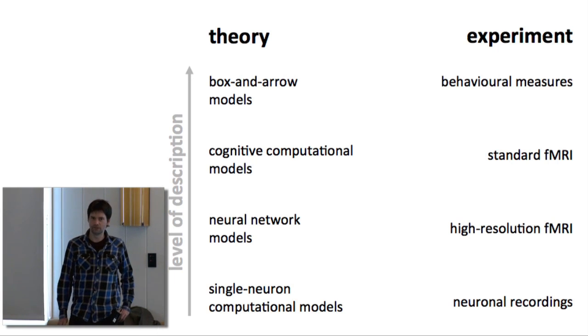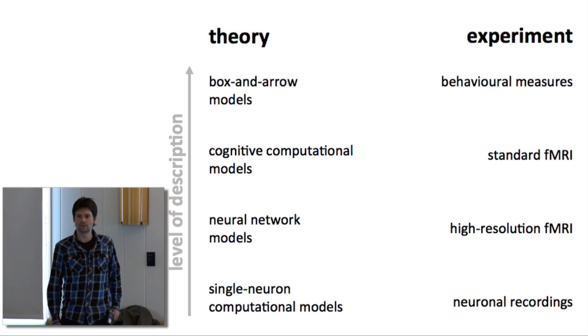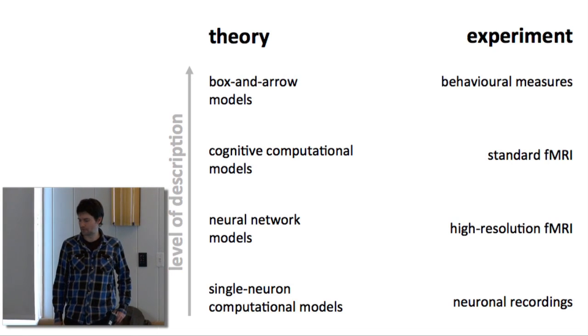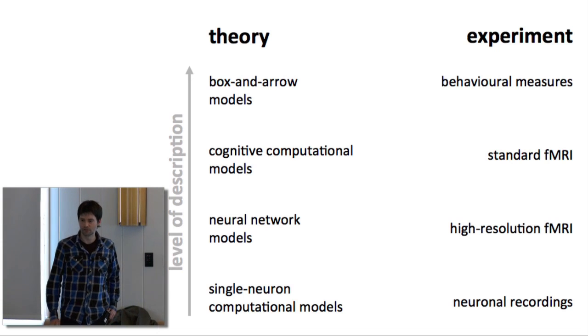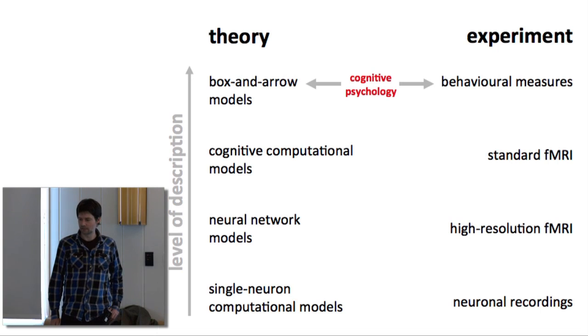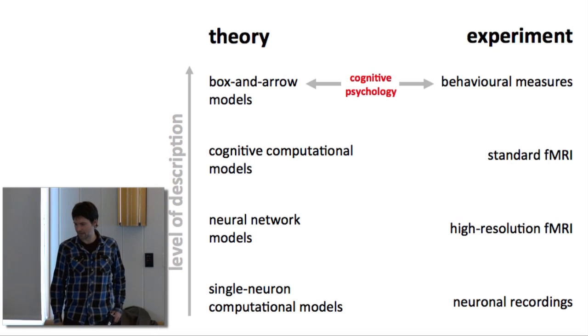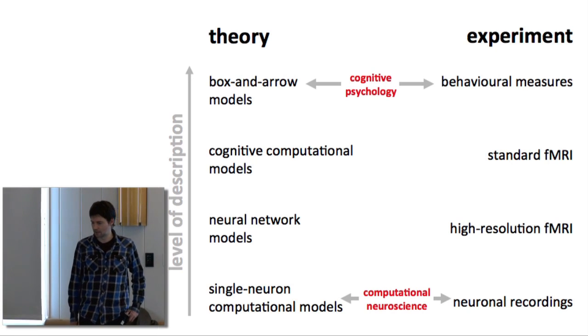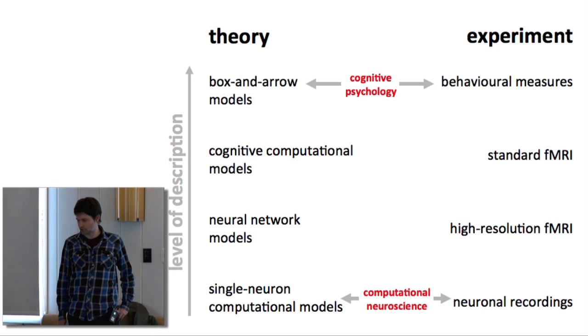Historically, different disciplines interested in the questions that we are interested in have made the link between theory and experiment at different levels here. For example, cognitive psychology made this link at the top level between the box and arrow models and behavioral measures. All the way at the bottom, computational neuroscience has made the link between single neuron computational models and neuronal recordings.